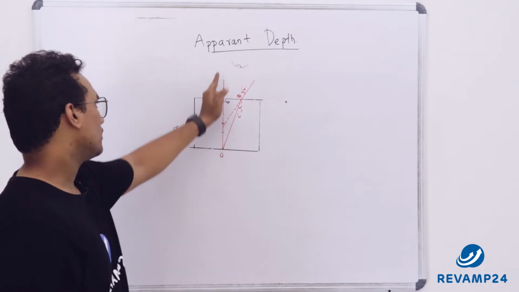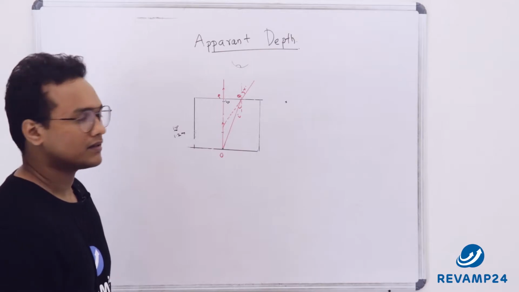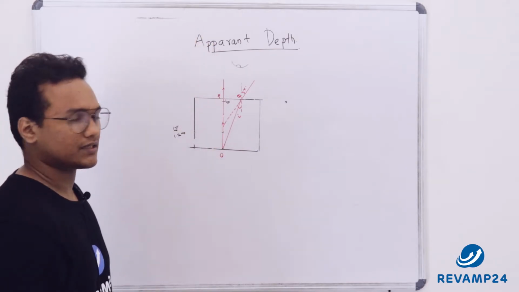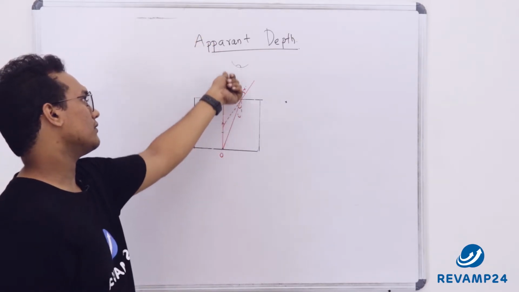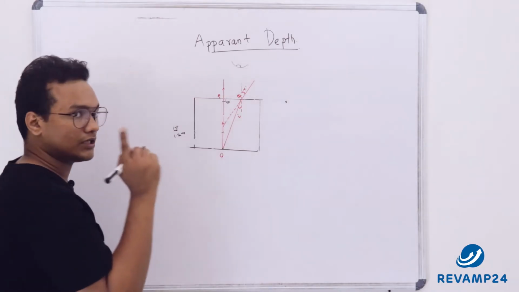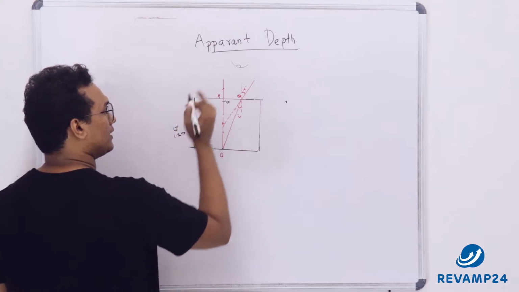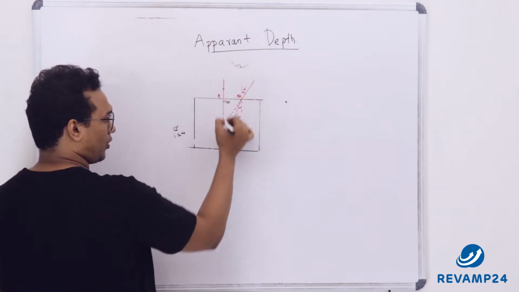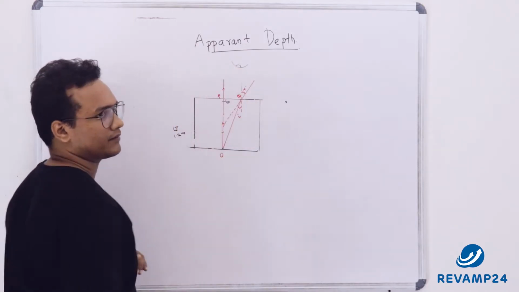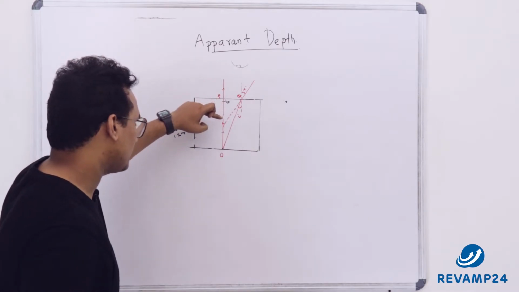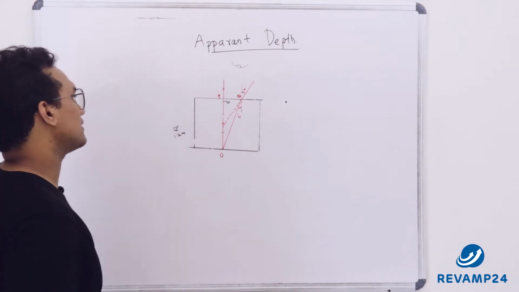So this will go without any bend. There is no refraction, or no bending occurring with respect to this ray. We need two rays to see, right? So this ray would tell me that the bottom point is somewhere in this line, but it can be any point anywhere in this line.